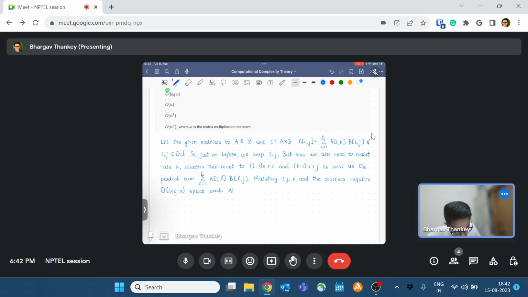Also this sum is less than or equal to l, which is less than or equal to n. Sorry, less than or equal to k. So storing this sum also requires order log n space.